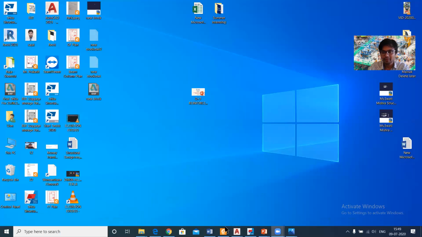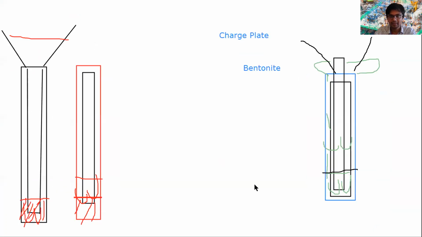Basically, if you go through your Pillai book, then you can find out. But on the whiteboard, I'll show you. Bent up bar is basically like this. It is provided in the roof.